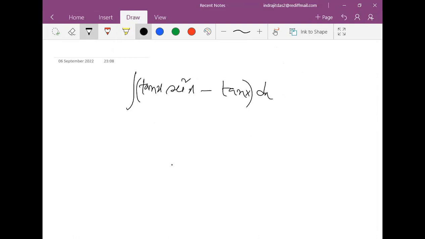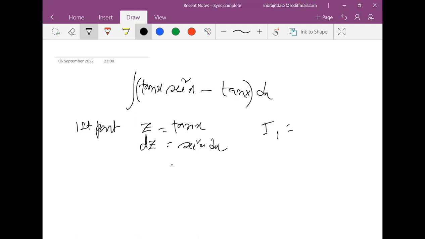For the first part, take z equal to tan x. Then dz will be sec square x dx. So the first part, I1, is the integral of z dz, because tan x is z and sec square x dx is dz, so it will be z square by 2, which is tan square x by 2.